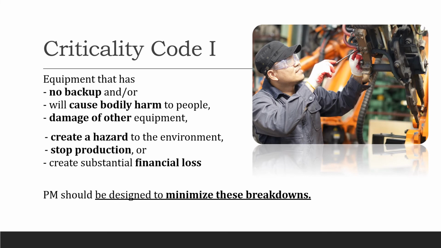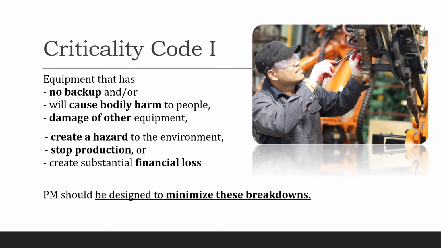Number 1, your equipment has no backup. It is going to cause, or will cause, bodily harm to people, damage other equipment, create a hazard to the environment, stop production, and create a substantial financial loss.